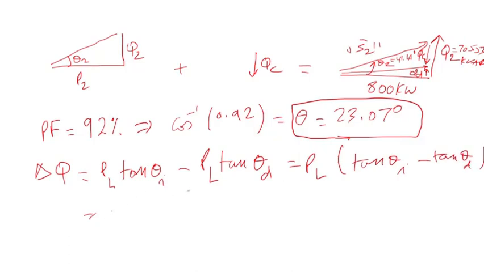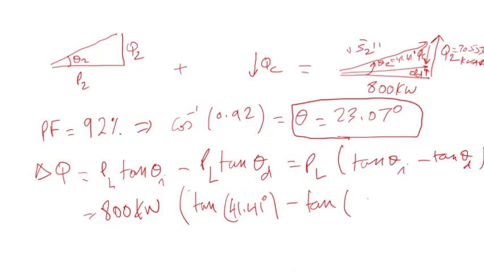PL is just 800 kilowatt times the tan of theta initial, which is the inverse cosine of 0.75, which I calculated to be 41.41 degrees, minus the tan of the desired power factor angle, which is the inverse cosine of 0.92, 23.07 degrees.